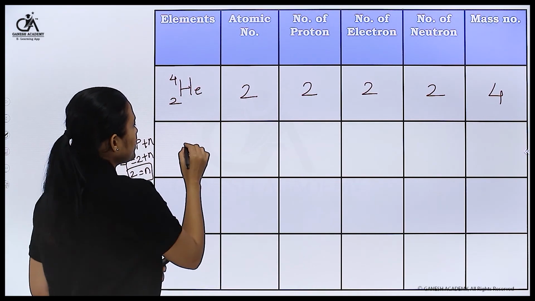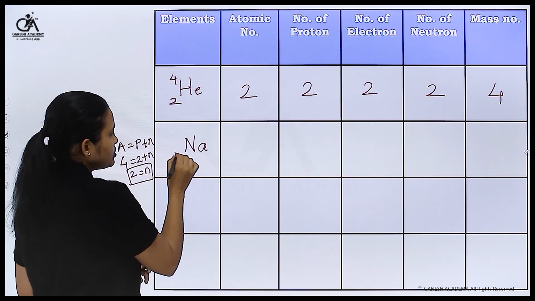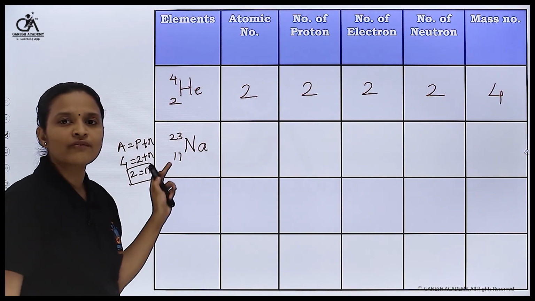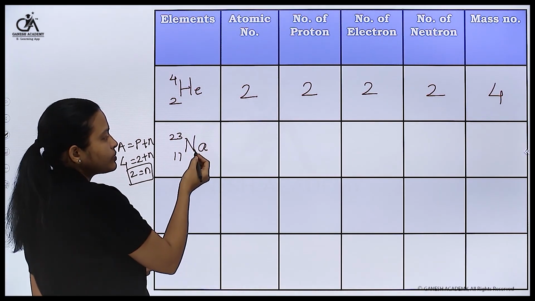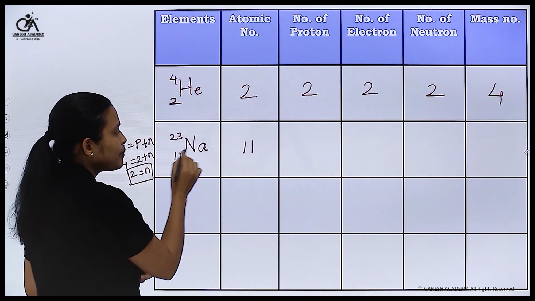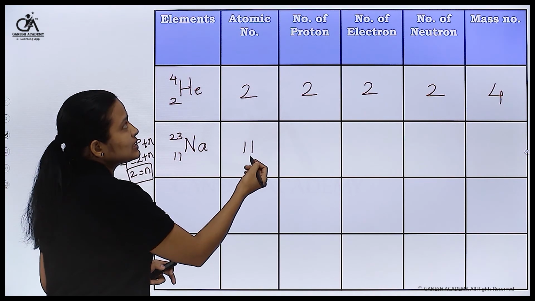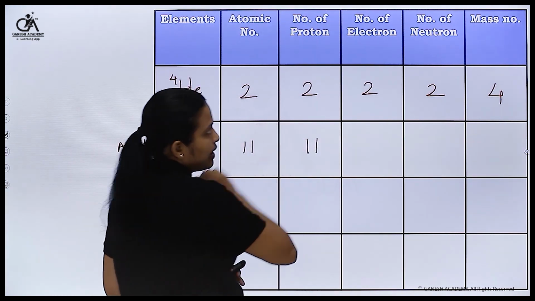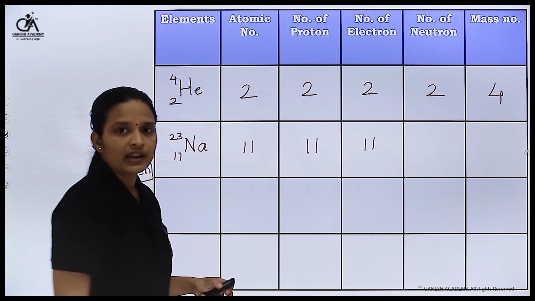Then the second example is sodium. Suppose the symbol is provided with these values. What is the atomic number of sodium? Yes, it's 11, which is at the bottom of the symbol. So the number of protons is 11 and the number of electrons is also 11.